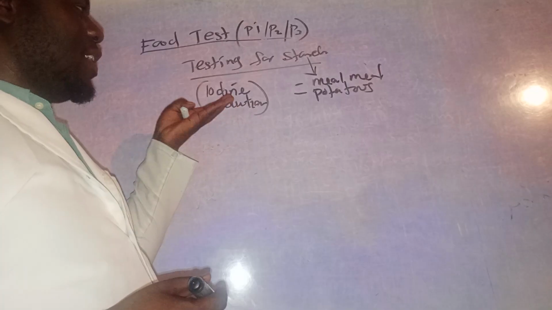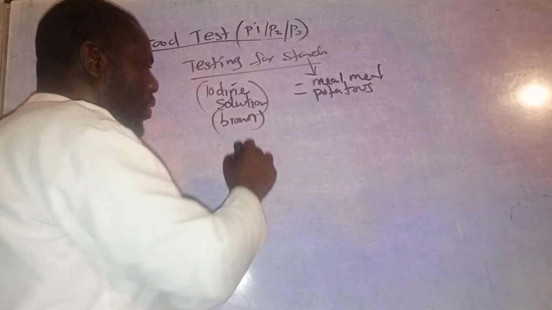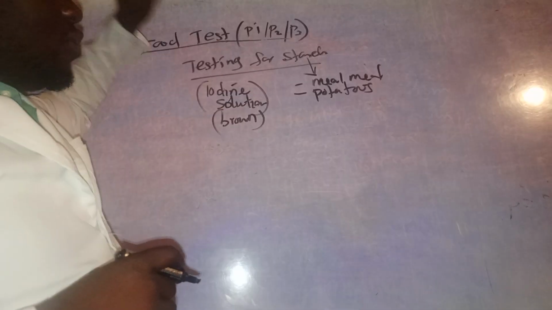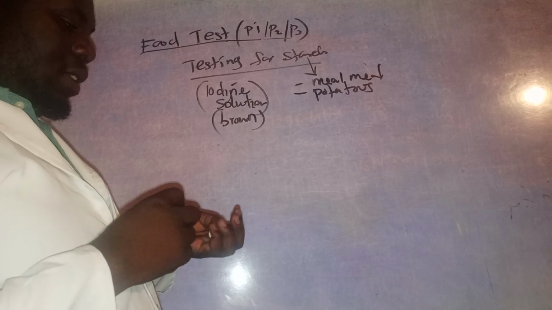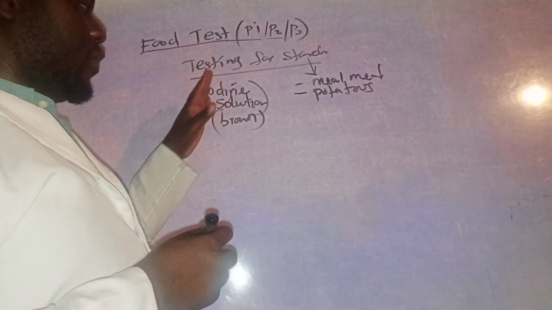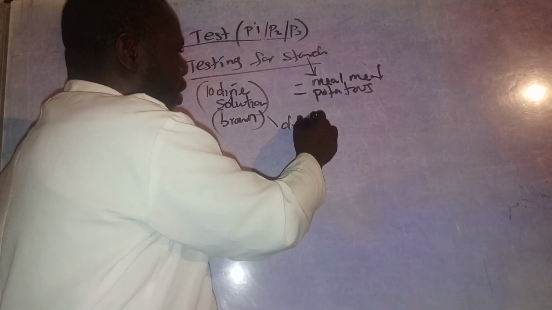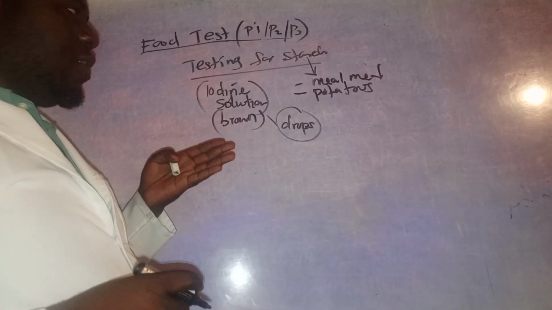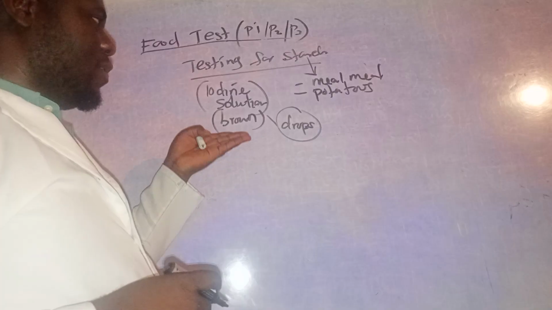This iodine solution is brown in color. Then when testing for starch, always use drops. For iodine solution, we use drops. Don't forget, iodine solution we use drops. The color for iodine solution is brown.